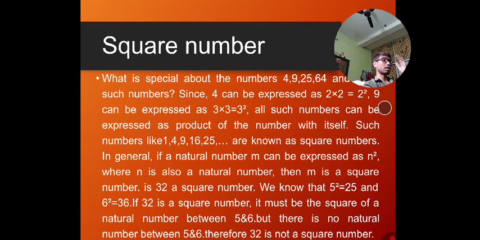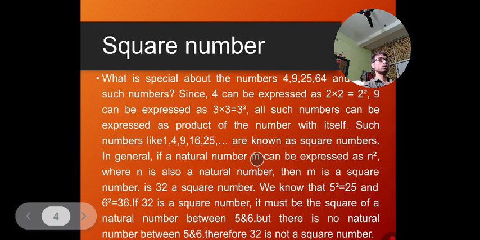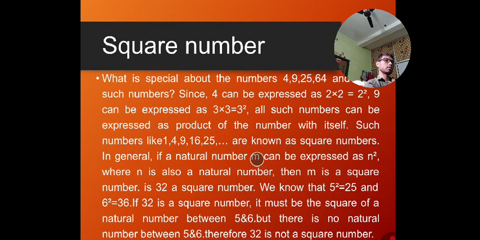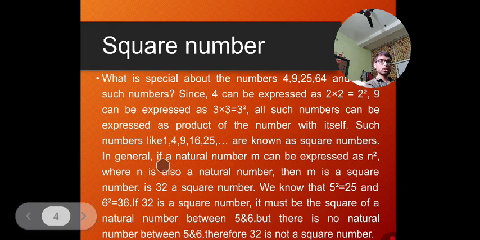When we multiply 3 by itself, of course we get the product 9. Such numbers, like 1, 4, 9, 16, 25, are known as square numbers.